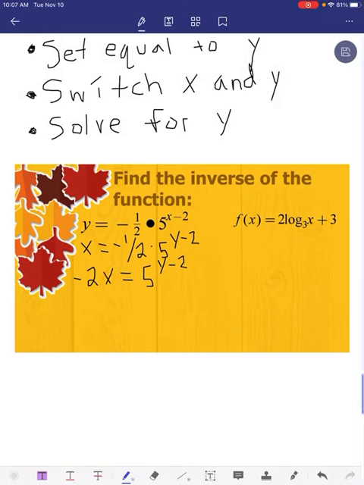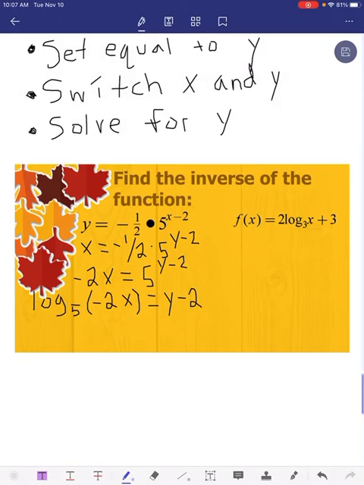So now that our base that's being raised to an exponent is by itself, we can rewrite this in logarithmic form. So remember, our base of our logarithm is going to be the same as our base of our exponent. So in this case, that's 5. And then the logarithm equals our exponent. So we know that it's going to equal y minus 2, which means that our inside is going to be -2x.